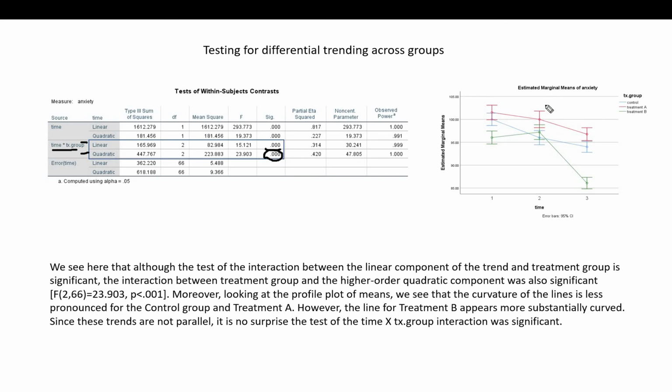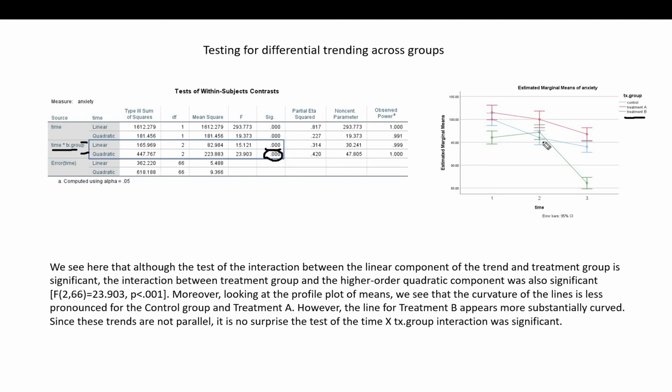And if we look at the profile plot to the right, you can see the treatment groups are shown in the different colors. So the control group is in blue, the treatment A group is in red, and then the treatment B group is in green. And you can see that the control group and treatment A are not very different. They're somewhat parallel.